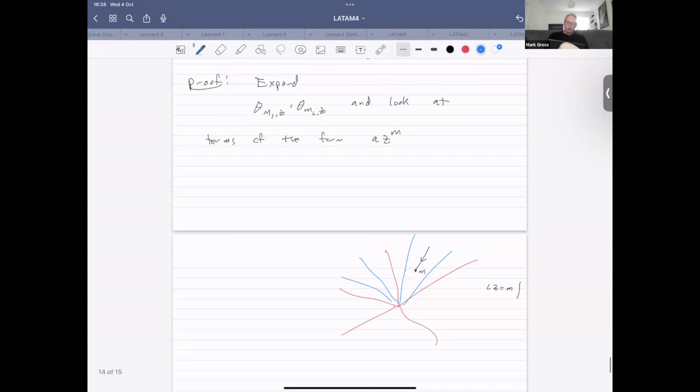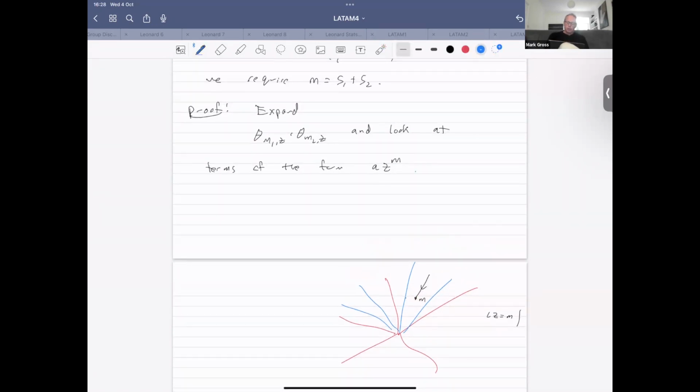So we similarly expand, using different letters, the summation over m prime in B of z, alpha m1, m2, and theta m prime z.